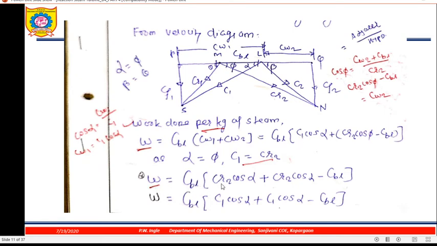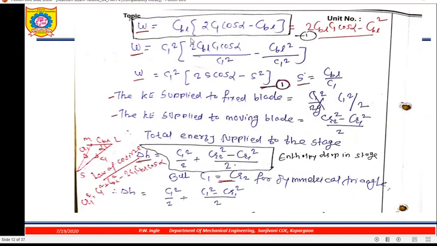W equal to CBL in bracket C1 cos alpha plus C1 cos alpha minus CBL. C1 cos alpha plus C1 cos alpha is 2 C1 cos alpha minus CBL. So W equal to twice CBL C1 cos alpha minus CBL square.